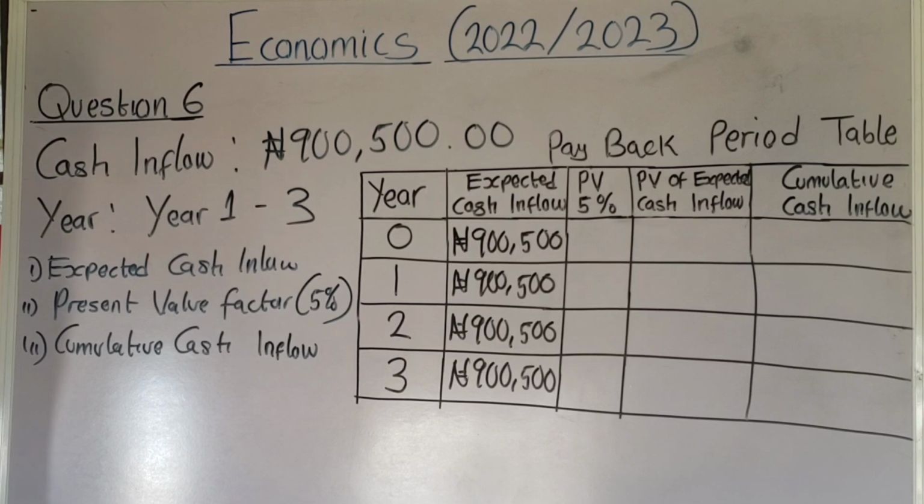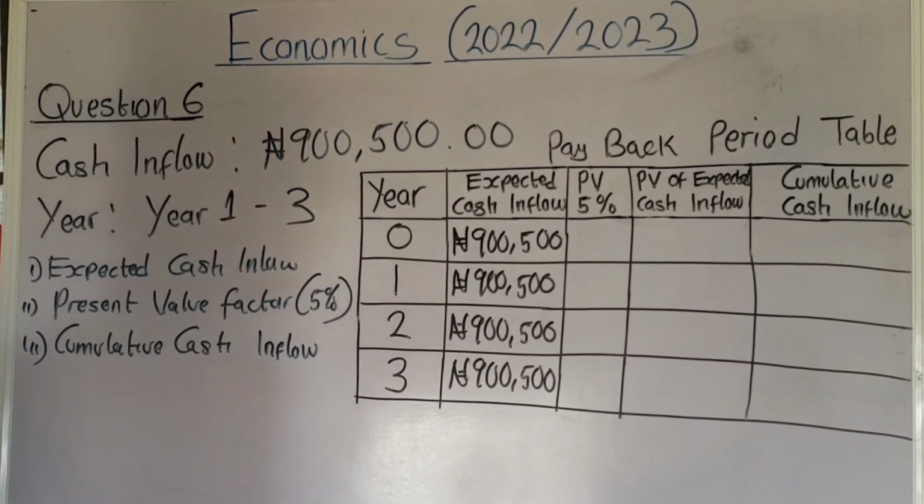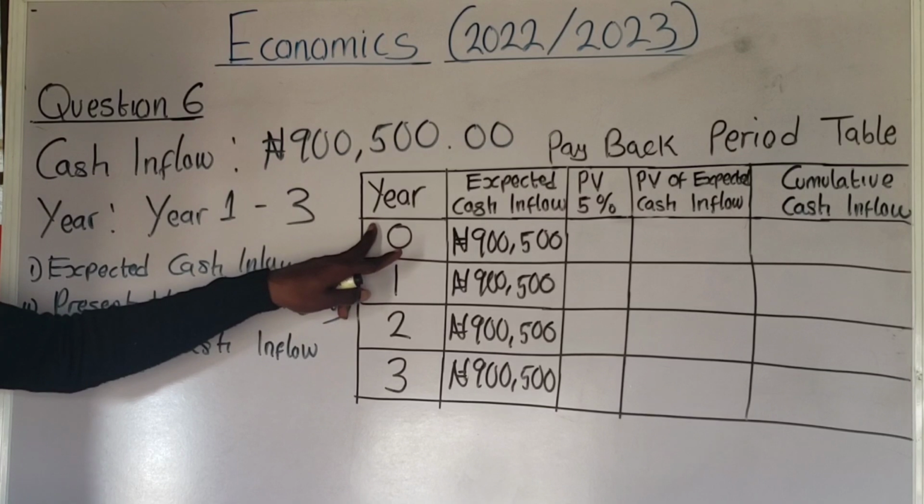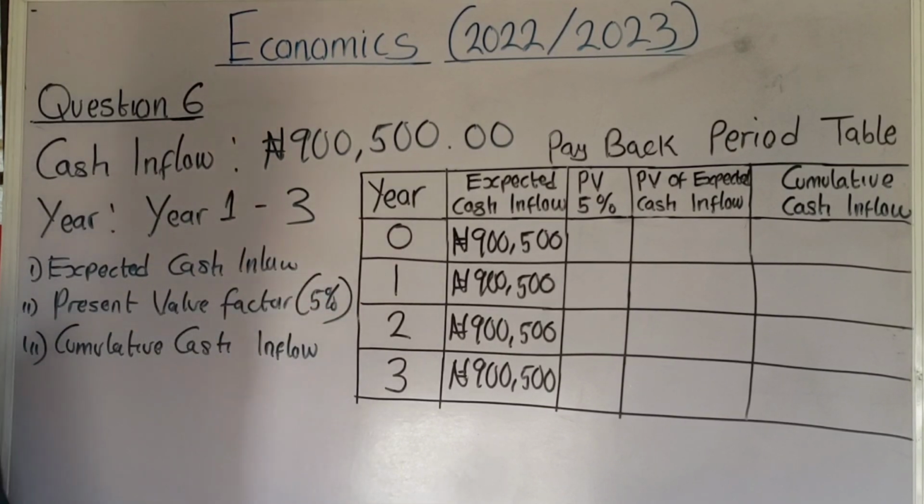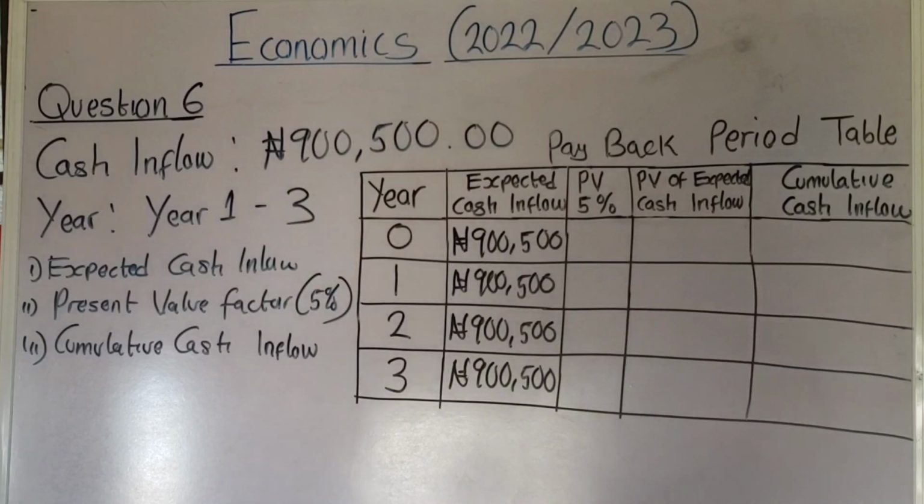During this period, the borrower is not expected to pay back the credit. So I represent it as year 0. That's why I have 0 on this payback period table. So now let's go back to the discount factor table.